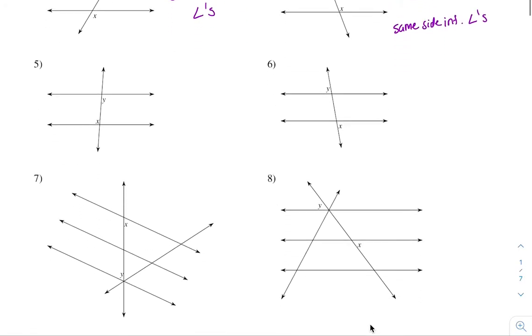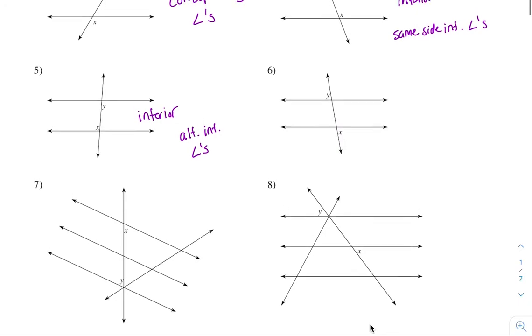Number 5. So this is the interior, in between the two parallel lines. And notice these two angles are on opposite sides. They're on different sides. So that means these are going to be alternate interior angles. Number 6.